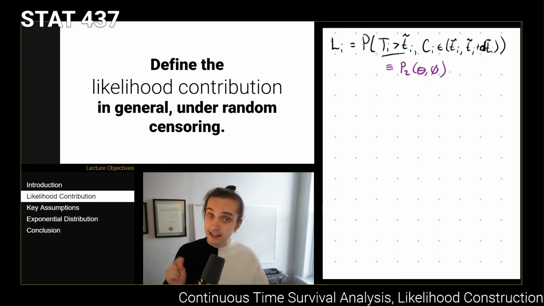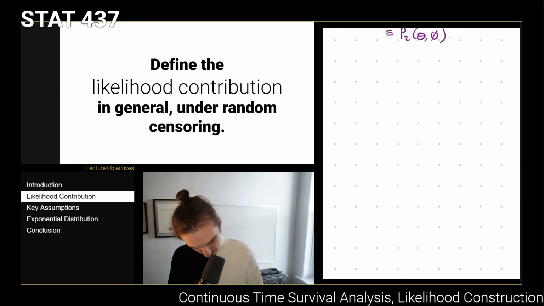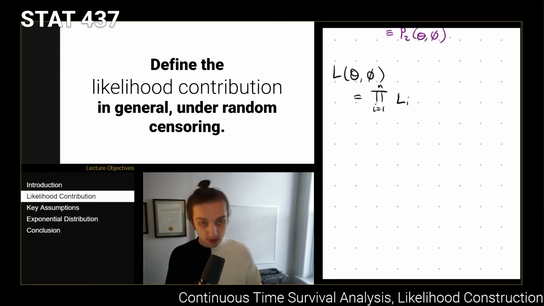Of course, in the lecture notes that are posted about this lecture, I have the entire expression included there, right? So if we want the likelihood of theta and phi, we can write this as the product over all individuals, i equals 1 to n, of their individual likelihood contributions, right?